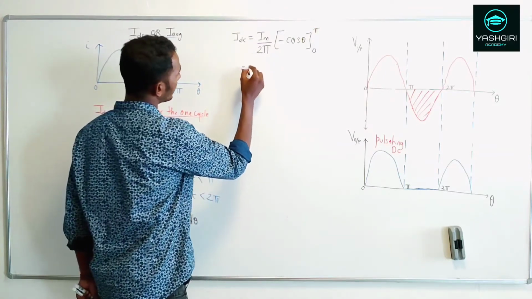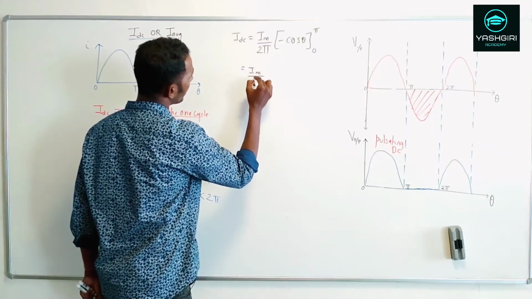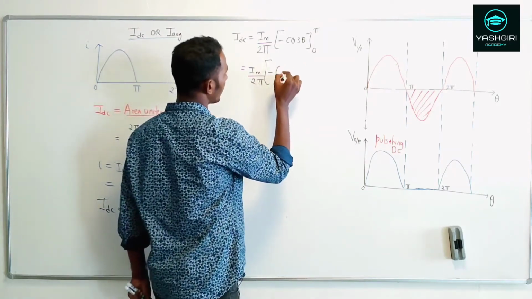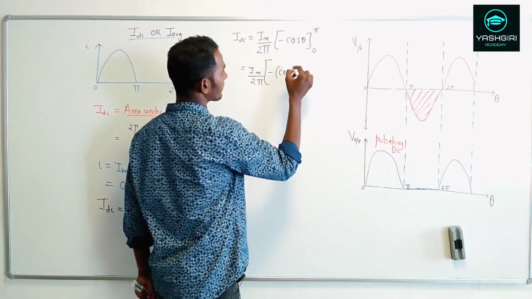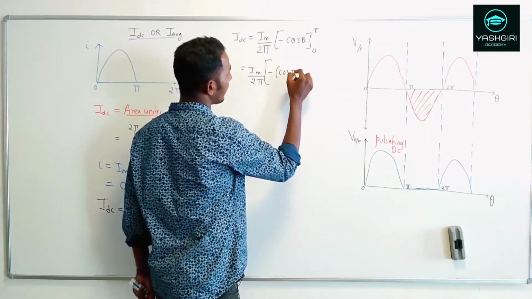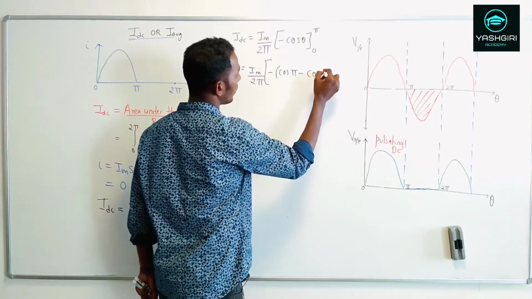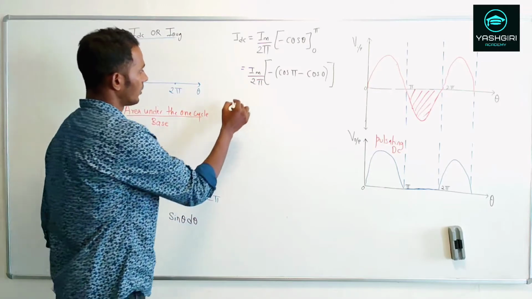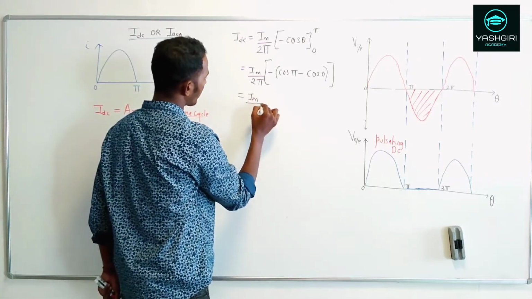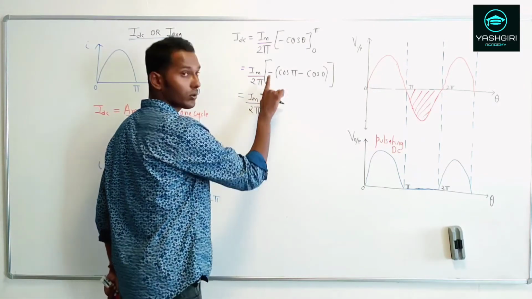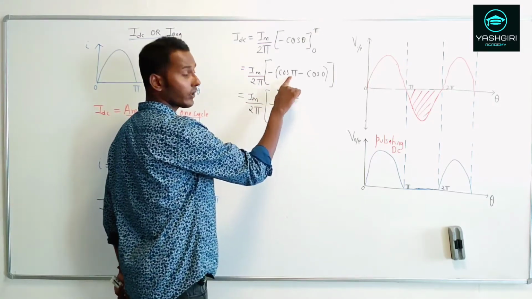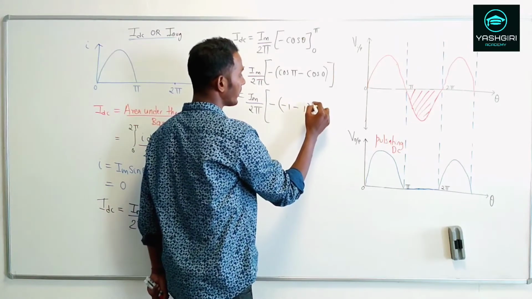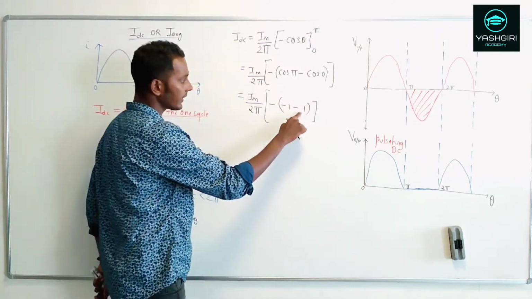So what I'll get is Im by 2 pi, and I take the minus out, so cos of theta with the upper limit pi minus the lower limit cos of 0. So if you substitute, Im upon 2 pi, and cos pi I know is minus 1, okay, cos of 0 is again 1, so it will be minus 1 minus 1, which gives me minus 2.